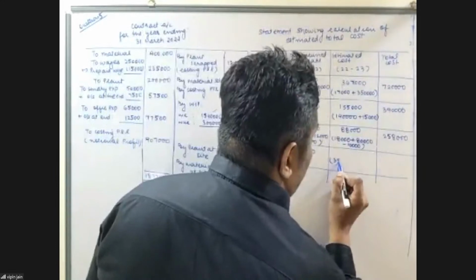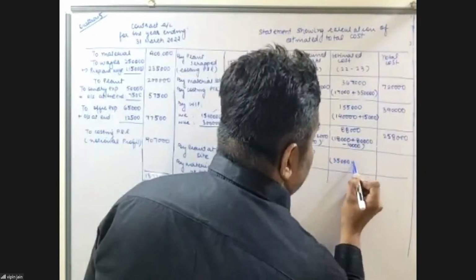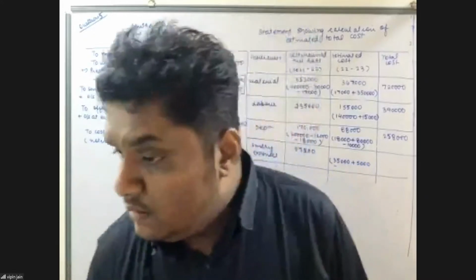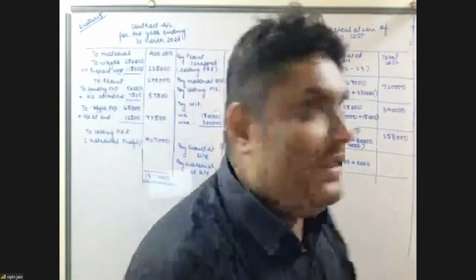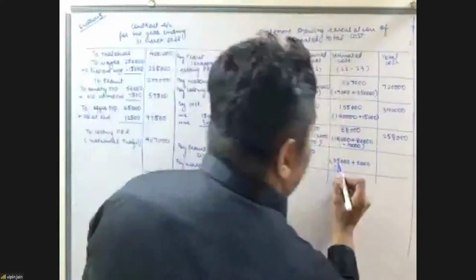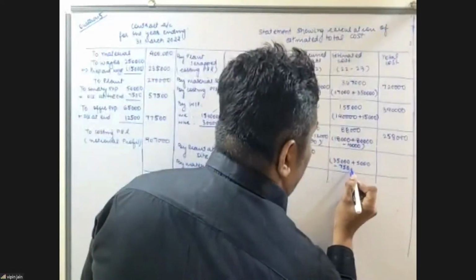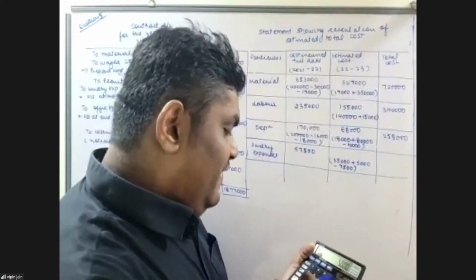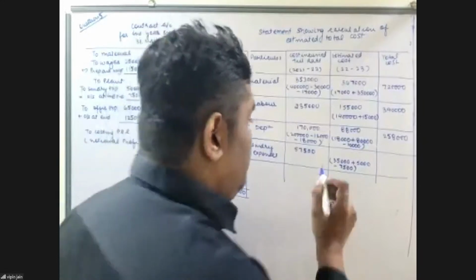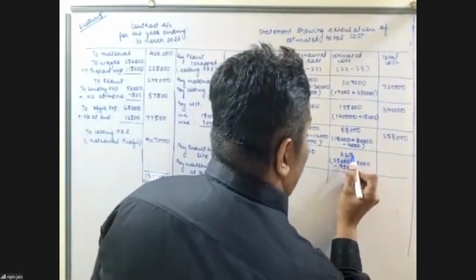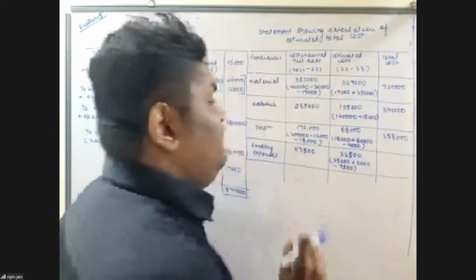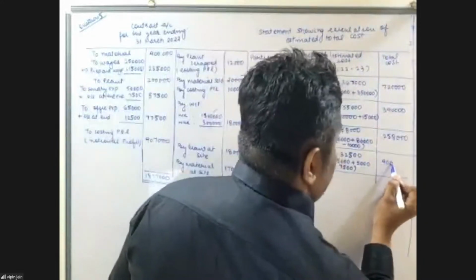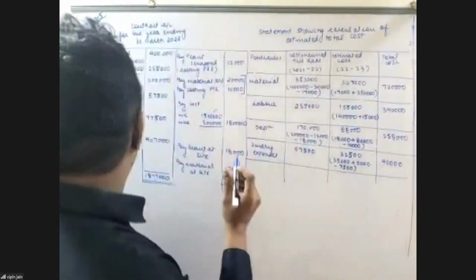So 35,000 plus 5,000 minus 7,500 is 32,500, plus 57,500 that is actually incurred. So the total cost is 90,000.